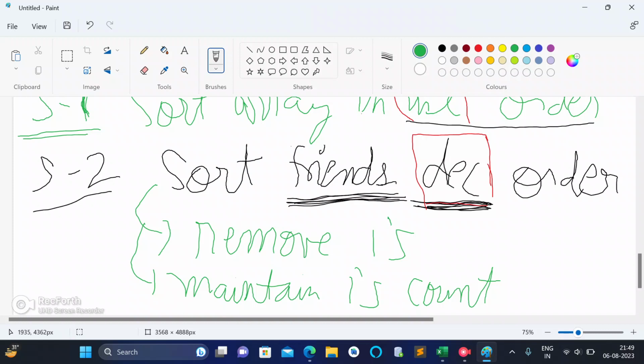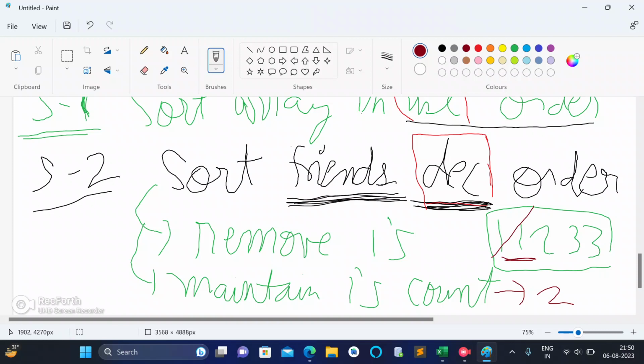So what you will do is first remove all ones and maintain the count of ones. Here you can see in the example, 1 1 2 3 3, the number of ones present is 2. Removing these ones, you get 2 3 3. So you will sort them in decreasing order, that is 3 3 2.